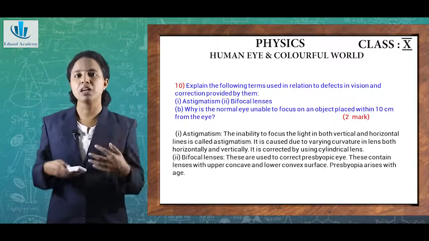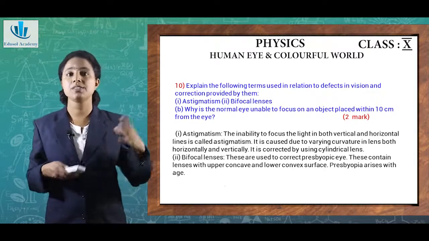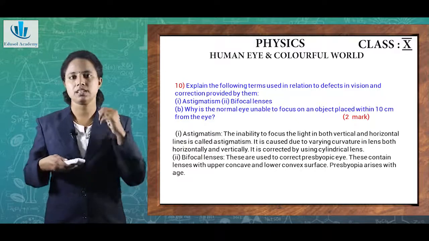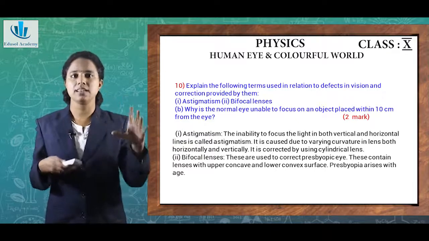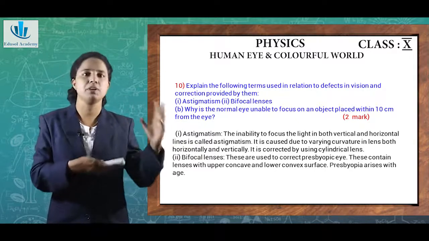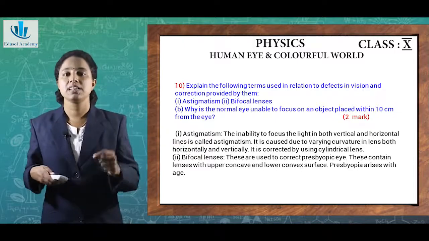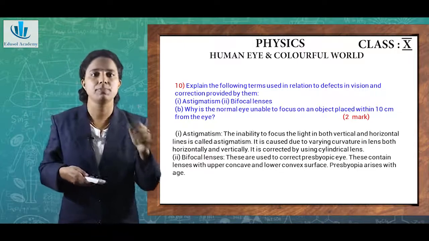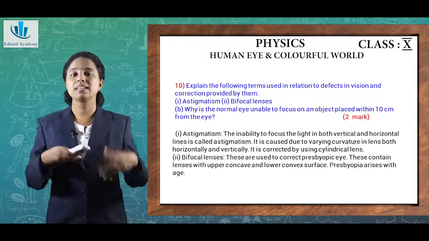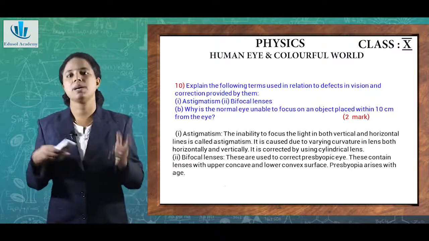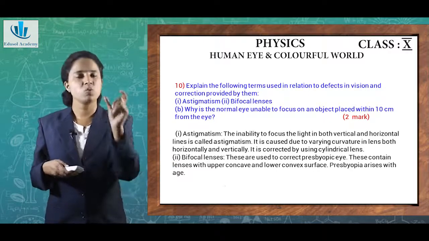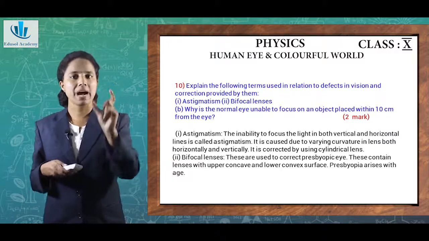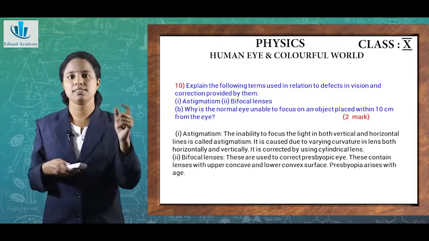Next one is bifocal lenses. How is it related to defects in vision? It is because a bifocal lens is used to correct some defect of vision. That is, there is a defect of vision called presbyopia, isn't it? So, to correct a presbyopic eye, we use bifocal lenses. From the word itself, you will be clear that bifocal means two focal, isn't it?